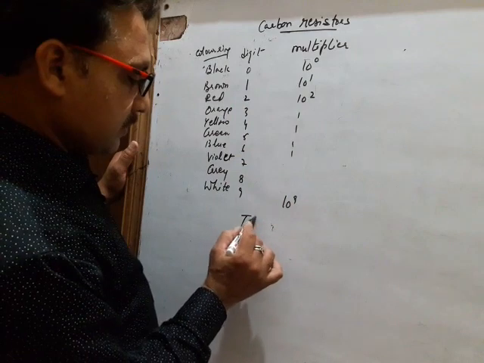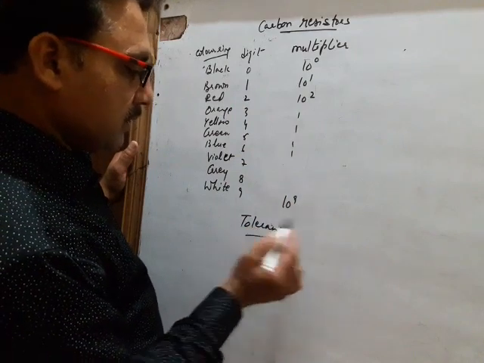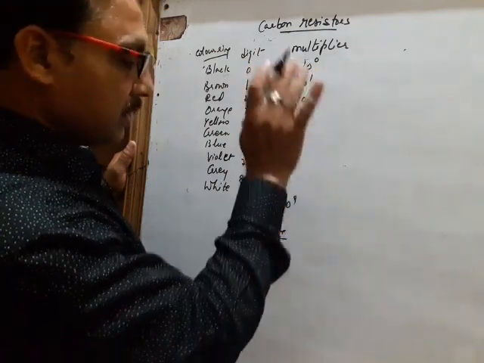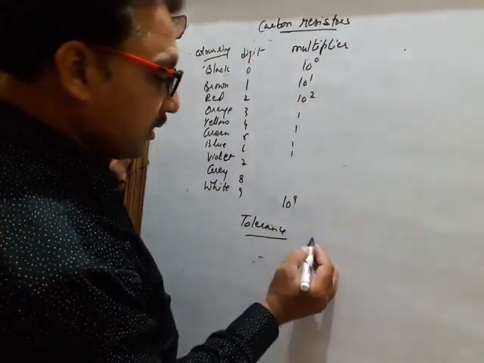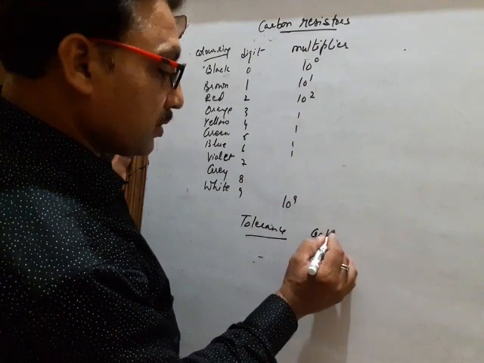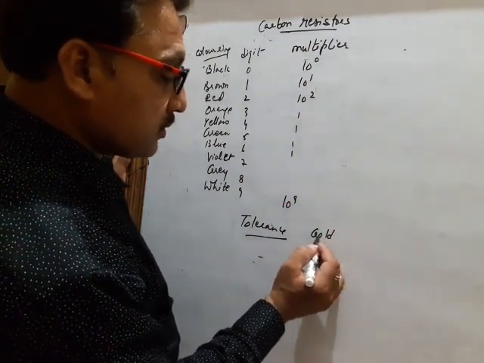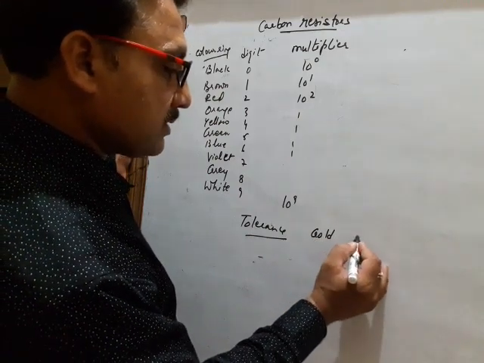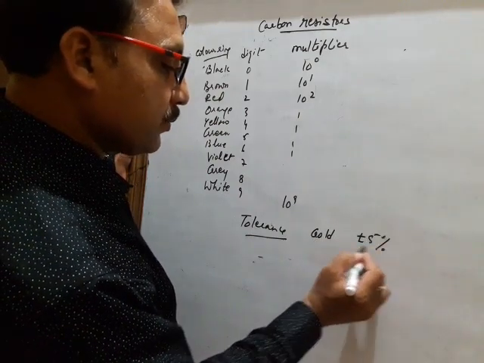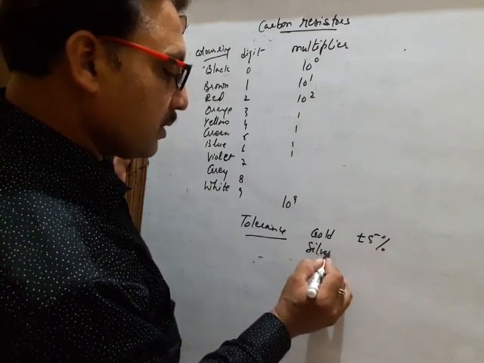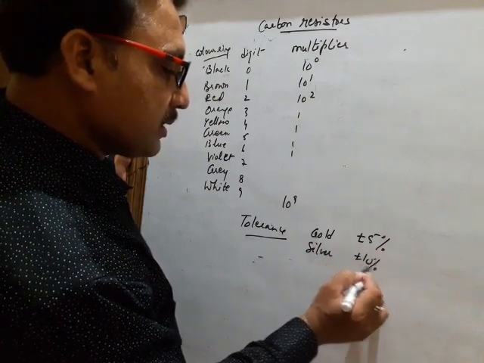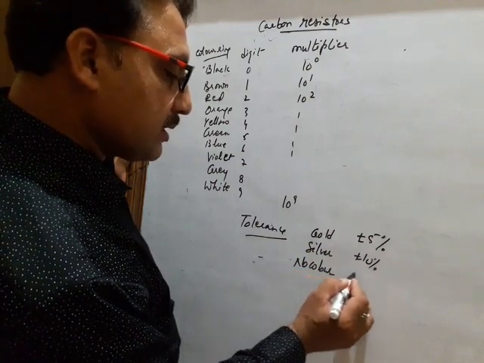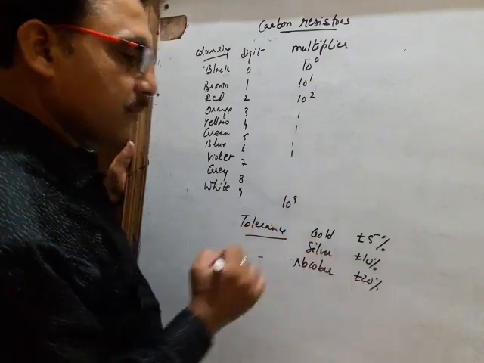And tolerance is given by the fourth ring on the right side. For gold, tolerance is plus minus 5%. For silver it is plus minus 10%. And if there is no color, then tolerance is plus minus 20%.